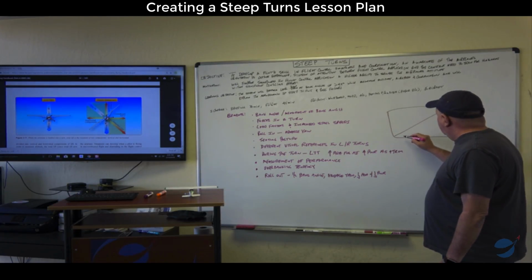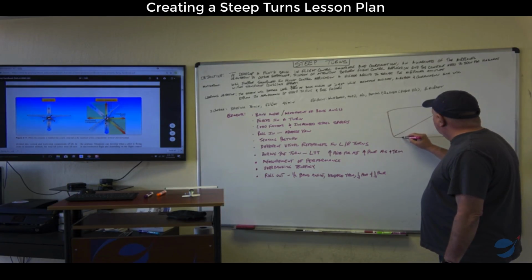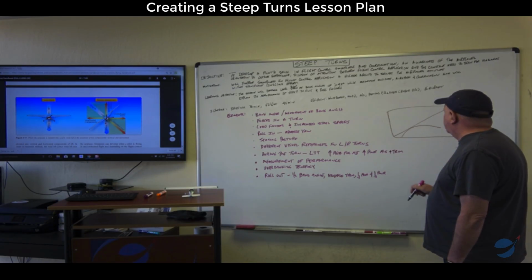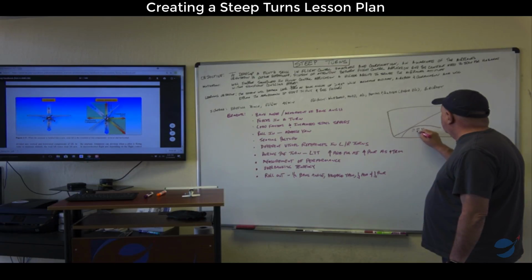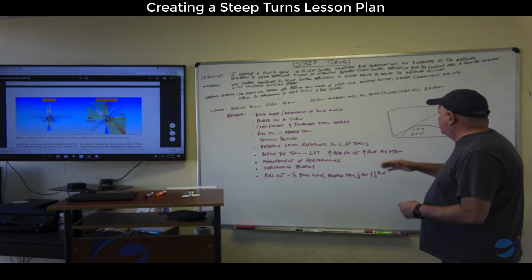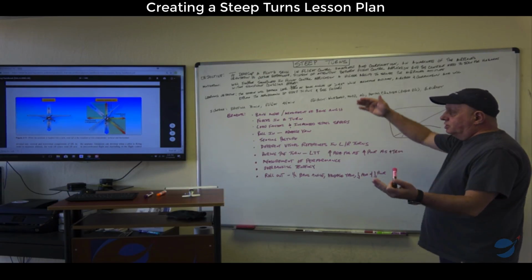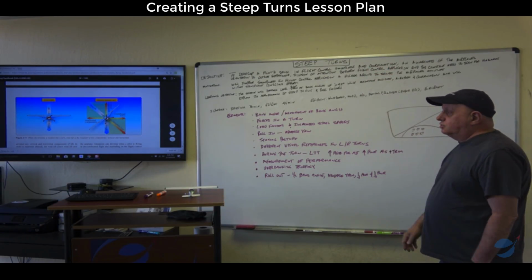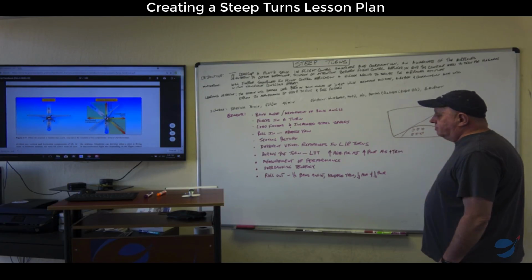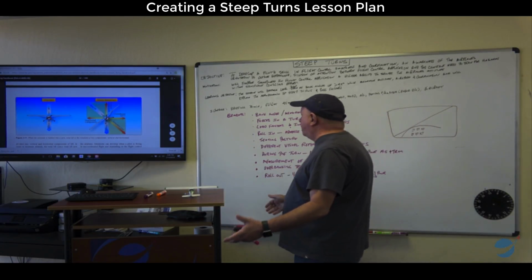It'll look like that, with the cowling relative to the horizon. So that should be 45 degrees to us. You can also use the attitude indicator, where you can see what 45 degrees looks like. It should be half sky over here, half ground on this side. Okay, so that's how we know the bank angle.